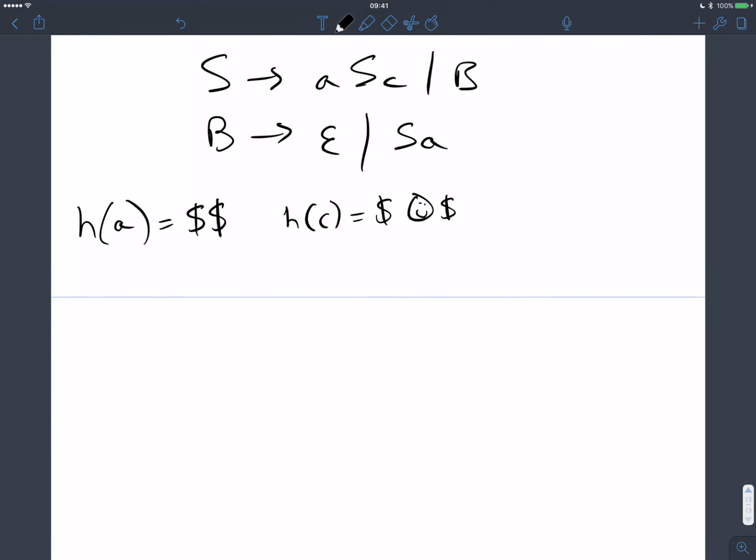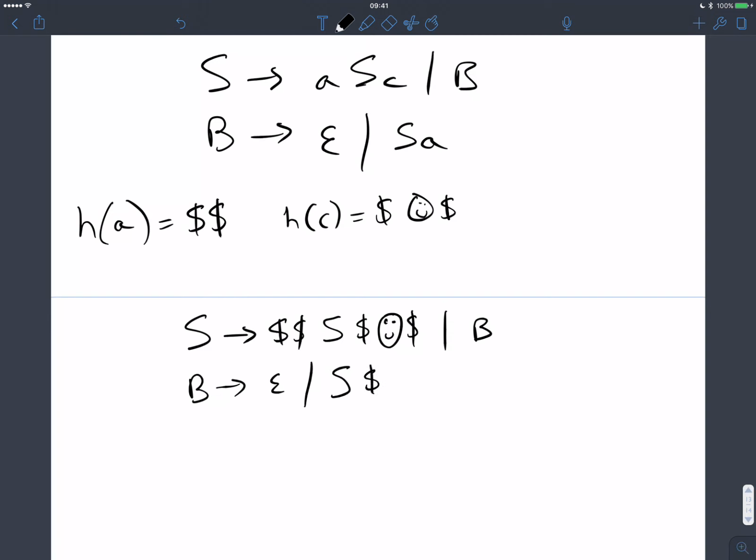So what should I have for the grammar right now, if I want the one for the homomorphism of whatever language this is? Yeah, so replace every terminal with its corresponding homomorphism. So S goes to $, S, $, smiley face, $, or B. B produces epsilon, or S, $, $.